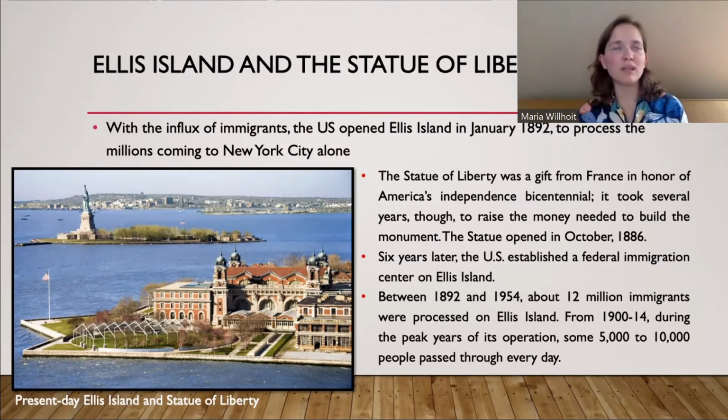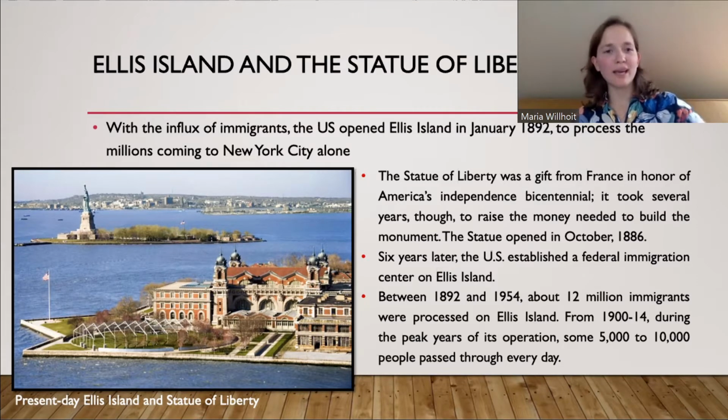She is probably the most famous statue monument in America today. It is the equivalent of our Eiffel Tower, our, I don't know, Buckingham Palace gates. So very important statue. And six years later, after the Statue of Liberty opens up, we have Ellis Island.